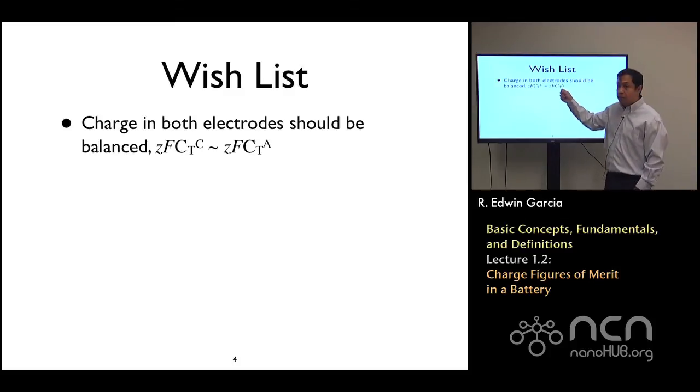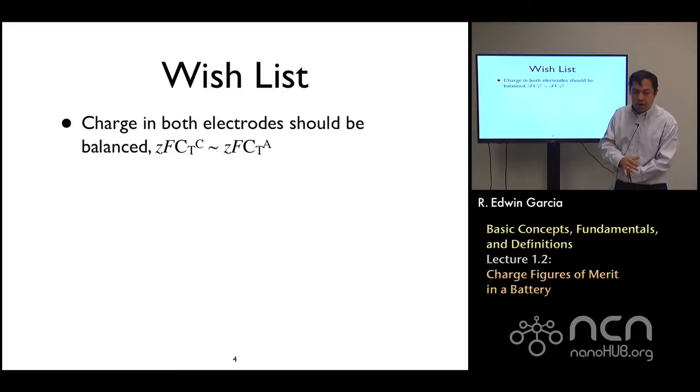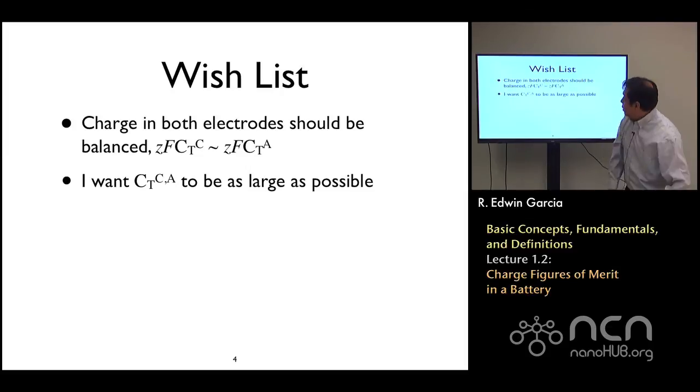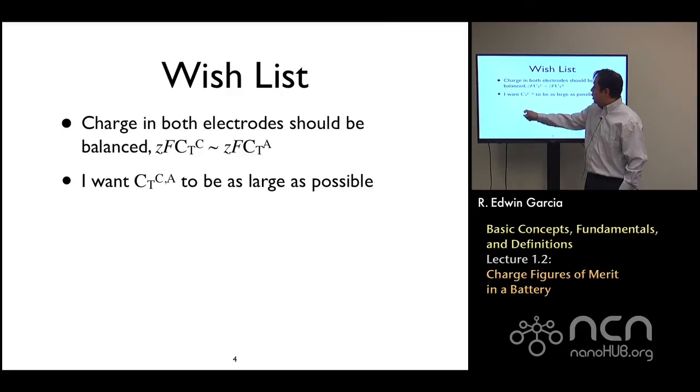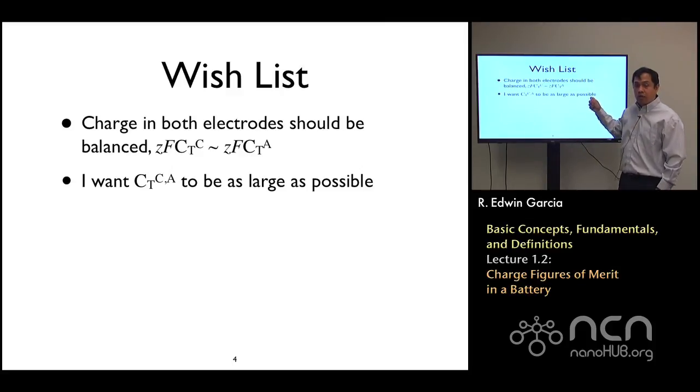This is important because if you have a cathode that is very energetic, the thickness of that cathode will be very small compared to the thickness of the anode if the anode is very fluffy and cannot store a lot of mass per unit volume. So that has some implications as to how bulky your battery could be. And of course, independently for both cathode and anode, you want that solubility to be as large as possible.